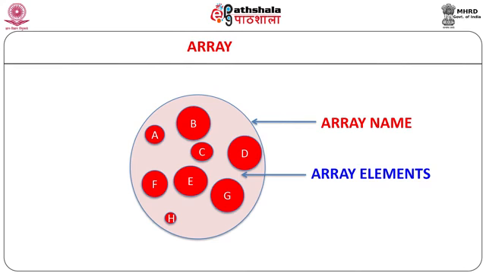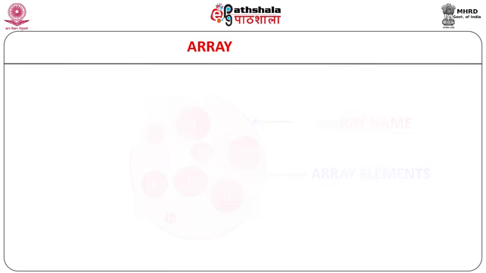The main circle is labeled as the array name, whereas the internal circles are the array elements. In this diagram, various array elements are labeled as A, B, C, D, E, F, G and H. It means there are a total of 8 elements in the array.